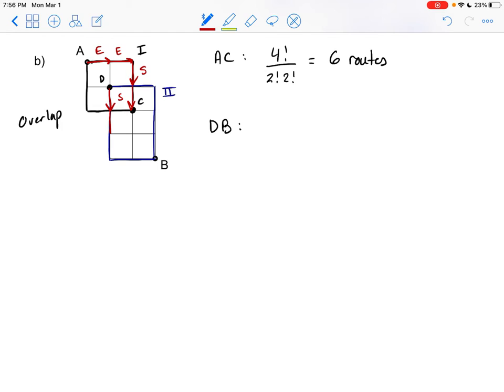So we need to make 3 moves south, 2 moves east, south, south, south, east, east. So we've made 5 total moves now. 3 of those need to be south, 2 of those will be east, which gives us 10 routes.